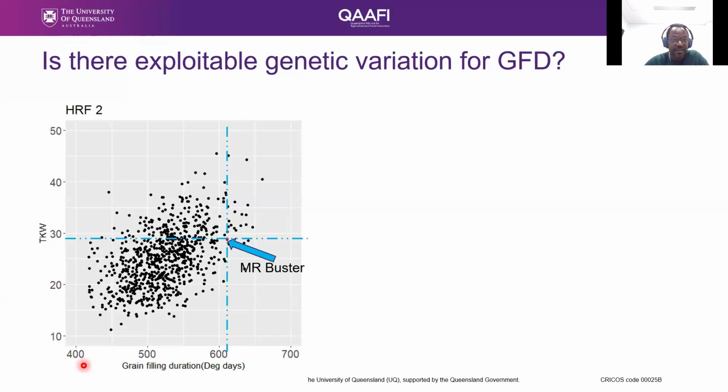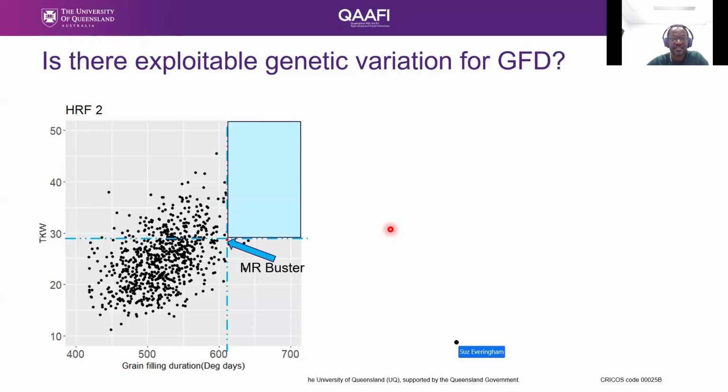The point on the graph there is the point where a successful commercial line sits, and we tend to exploit that part of the graph, meaning if grain filling duration is a trait that is controlled by many genes with small effects, then transgressive segregation is possible.